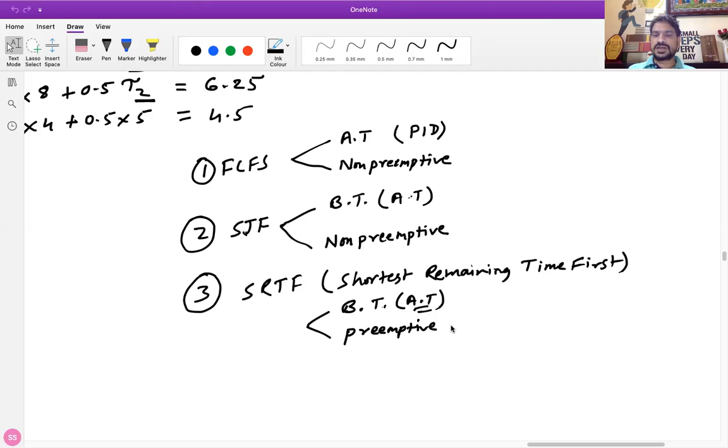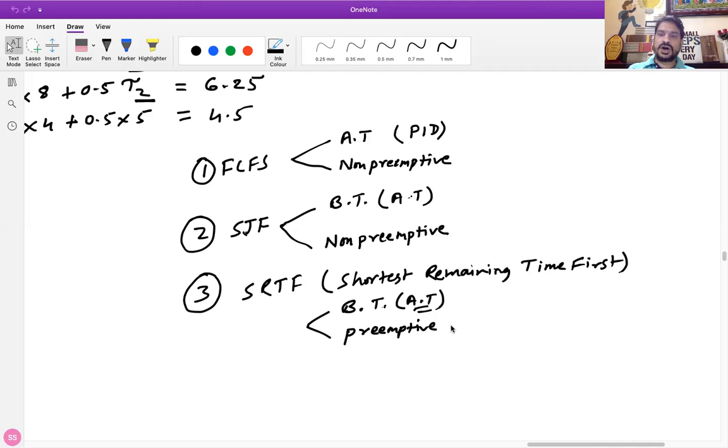In the shortest remaining time first, we have the burst time as the criteria, and it is also preemptive. So at any point of time, if we find a process with the least burst time, we can take that process into the CPU, and whatever process is running, we'll take it out and put it into the ready queue.